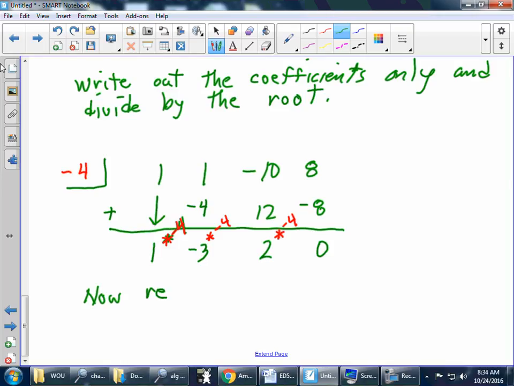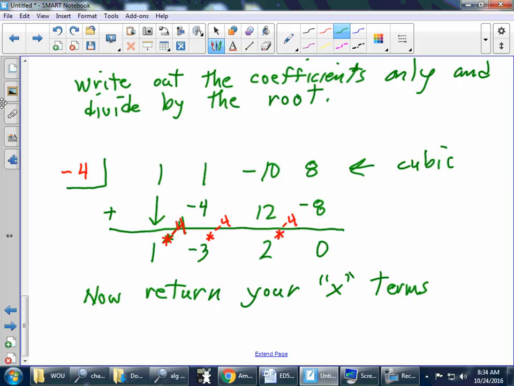Now return your x terms. Okay? So I just divided a cubic by a binomial. What does this have to be here?